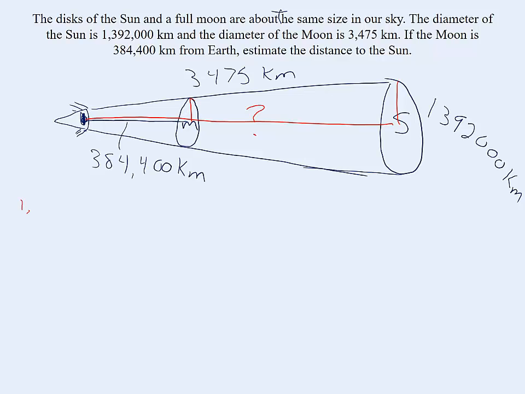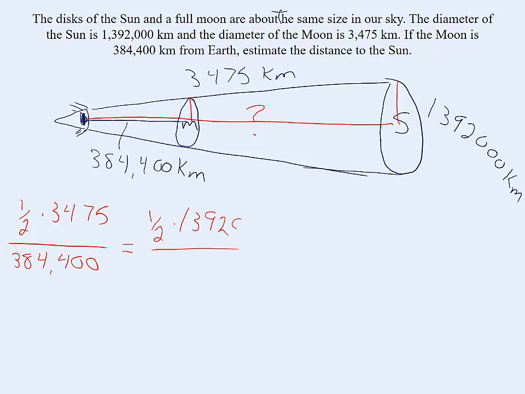So if we start with the moon, 1/2 times 3,475 is to 384,400 as 1/2 times 1,392,000 is to x. Well, the 1/2s go away.